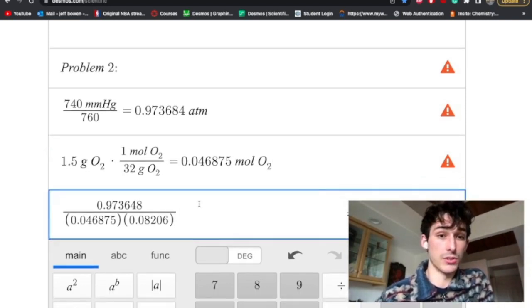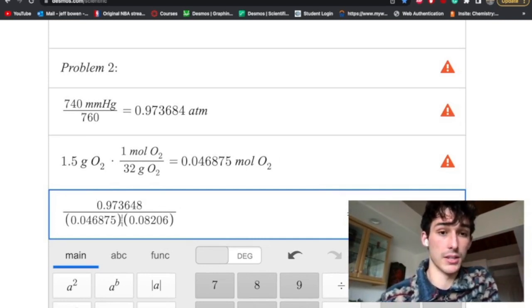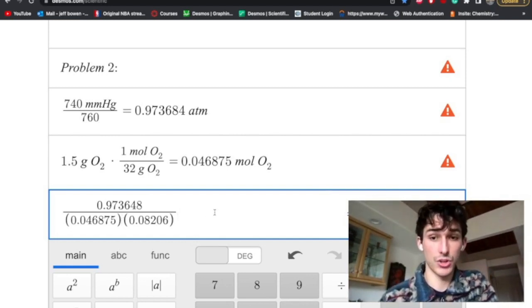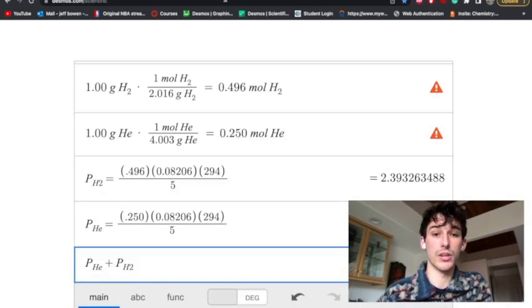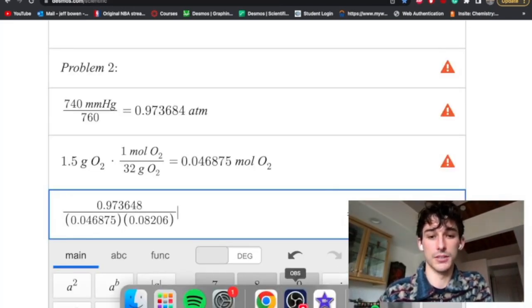Now, all we need to do is take our atmospheres and divide by the moles of oxygen times our constant R to give us the temperature of 253 degrees Kelvin. And if you're wondering where our volume went, this was in a 1-liter container, so the 1 just kind of goes away.